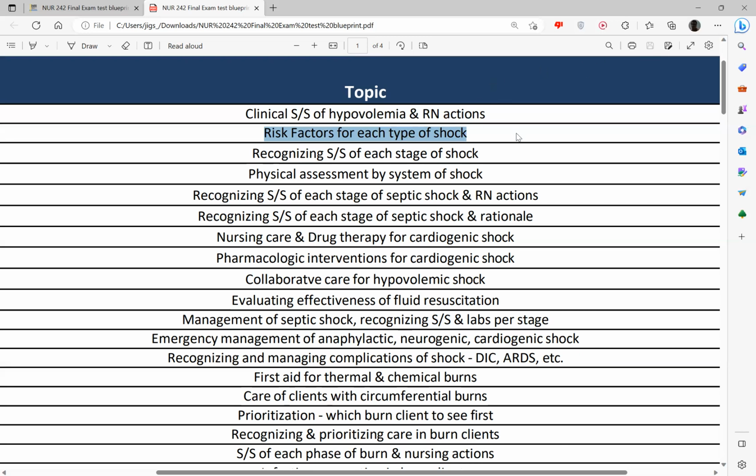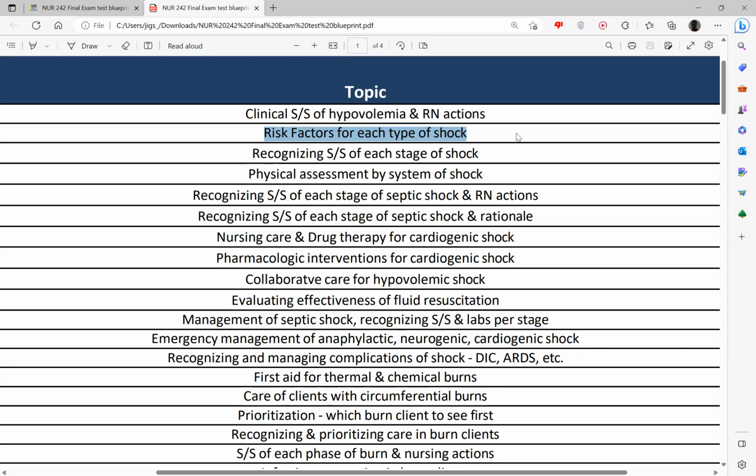And then finally, neurogenic shock. What's the top cause? Because there are 3 types of distributive shock. We have anaphylactic, septic, and neurogenic shock. So for neurogenic, top cause is spinal cord injury. It's always spinal cord injury.